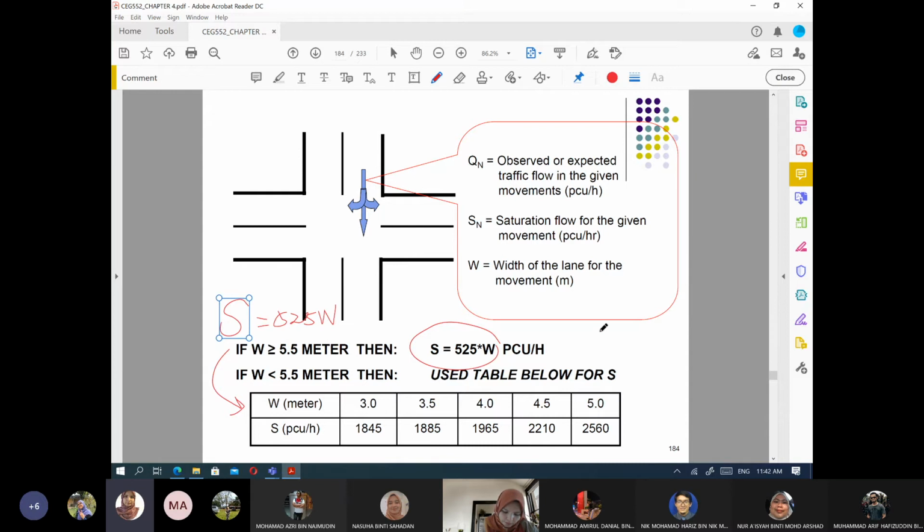If the question gives you 6 meter width, you cannot refer to this table anymore. So what you do in this case is put it into the equation S equals 525W. That's the only difference in finding S.